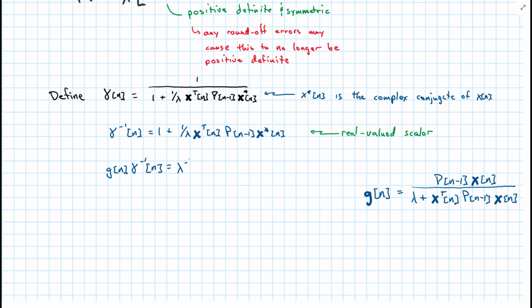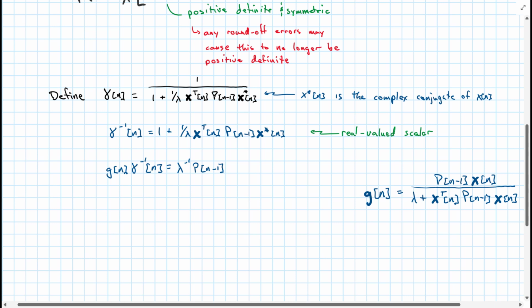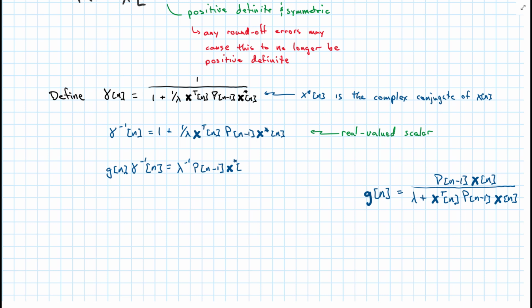So now we get lambda to the minus 1, or 1 over lambda, times P of n minus 1 times x conjugate. So where did the conjugate come from? If we were doing the complex filter, we would have had a conjugate there and there. Okay?